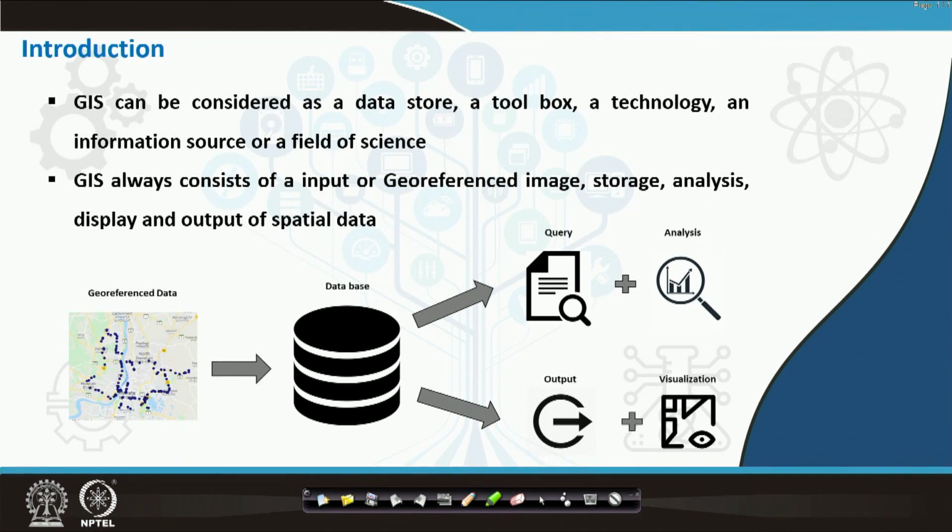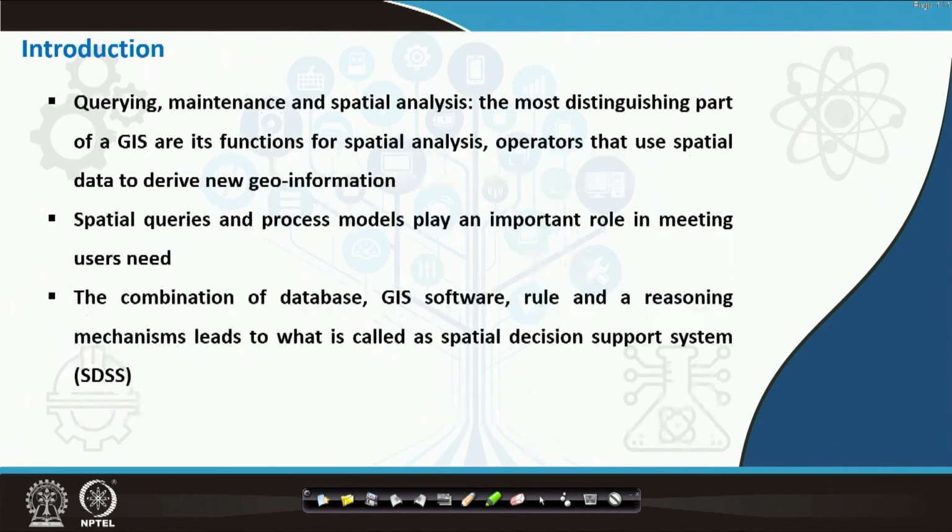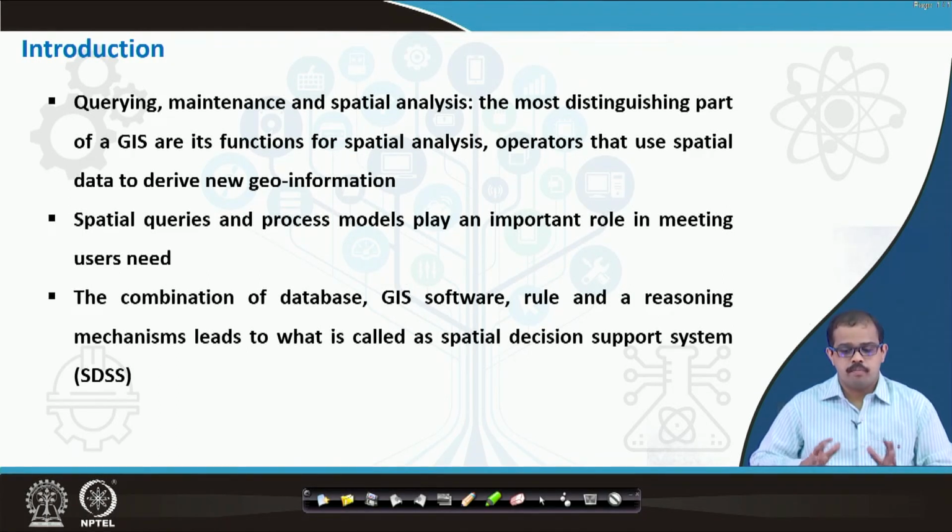Then you should have a storage, then you look at the analysis, where you do a query or analysis, or you do statistical techniques, then you have a display and output of the spatial data. That depends on how you want to present the output data, in whatever presentable form you need. When we look at querying, maintenance and spatial analysis is the most distinguishing part of any GIS.